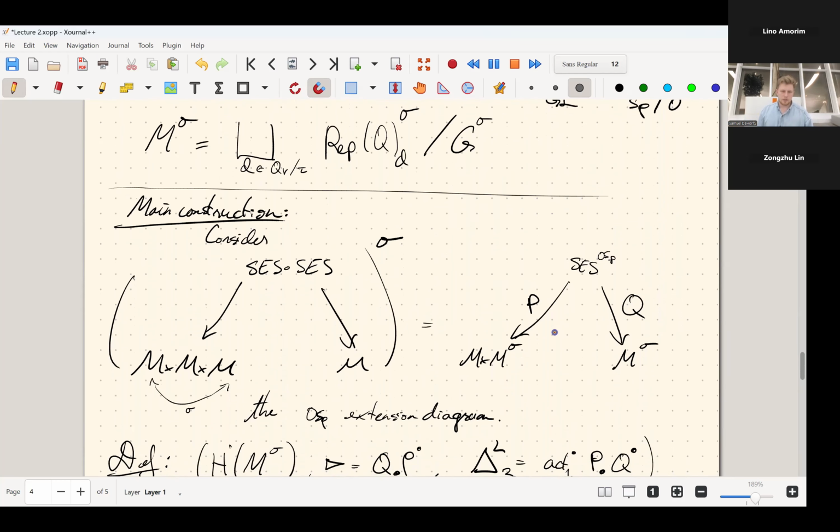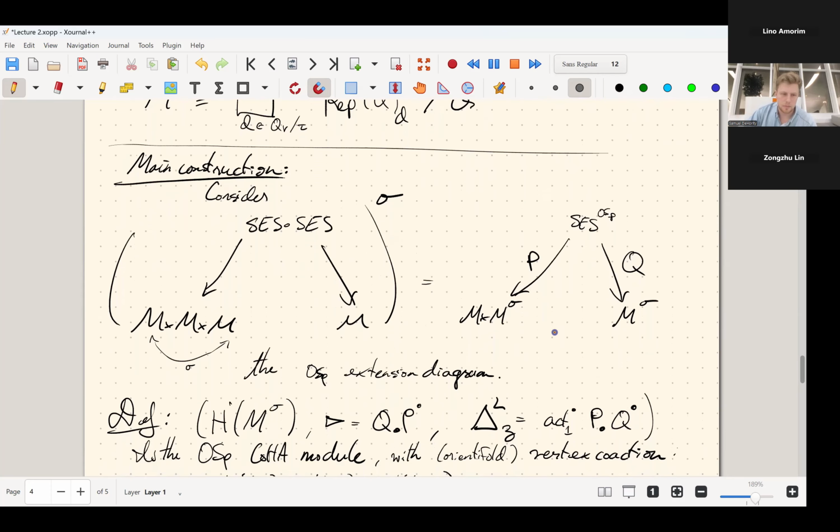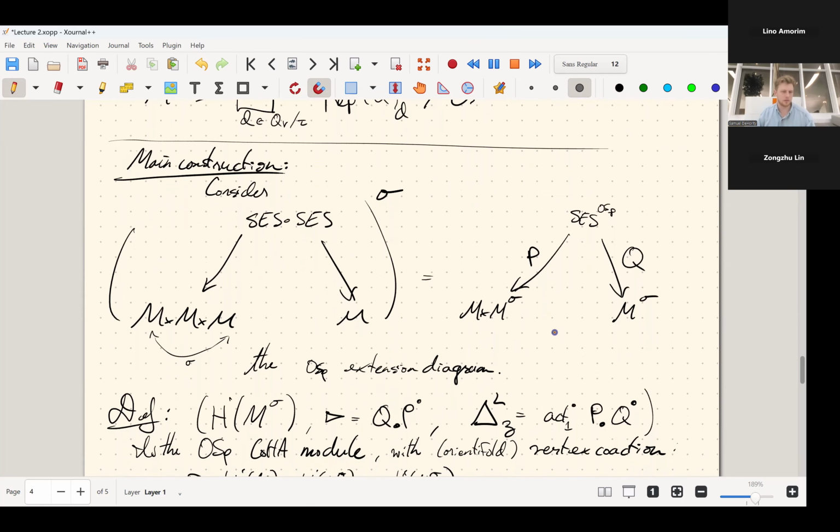So what is our construction? How do we get CoHA modules that we're going to model Orientifold lines with? Well, we take the convolution of two of the stacks defining the CoHA multiplication. So the source of our convolution is 3 copies of our moduli stack, and the target is 1 copy.